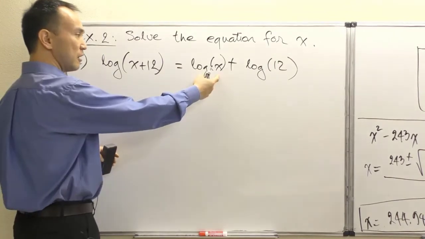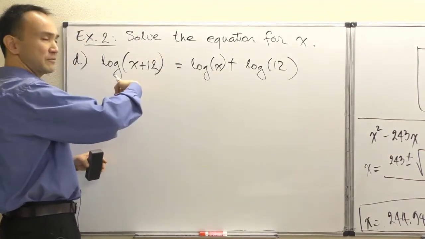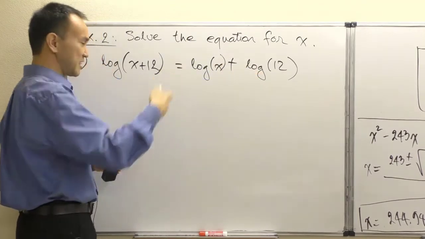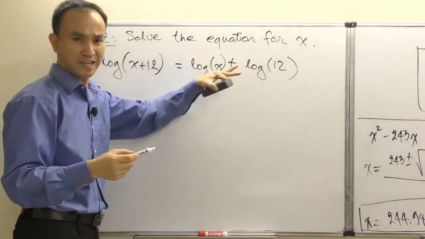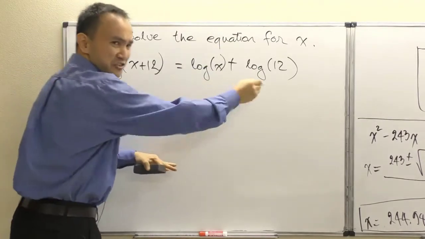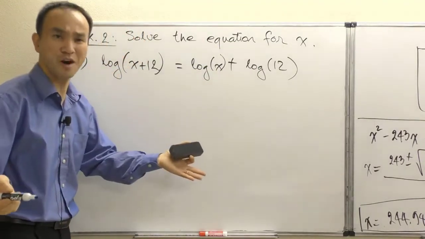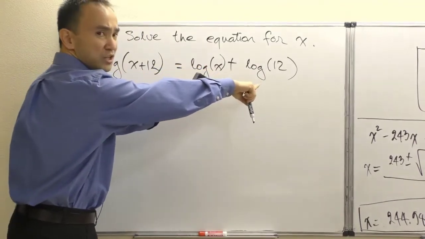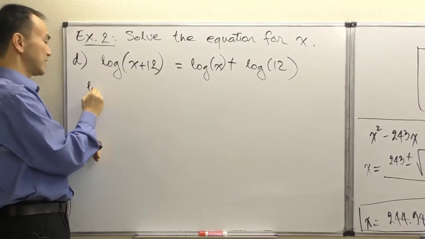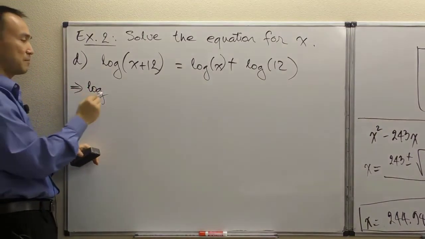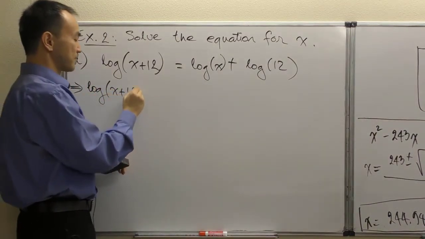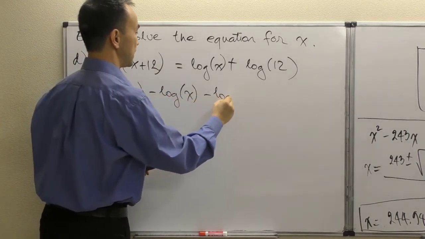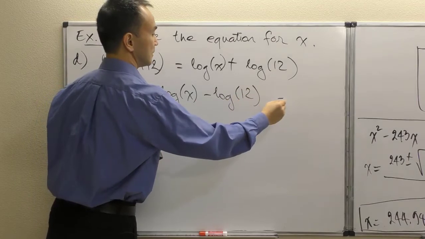I'm going to subtract log base 10 of x to the left-hand side, and subtract log base 10 of 12 to the left-hand side, and allow me to skip that elementary step of writing the subtraction underneath, since I feel it's a little too much at this point. So after rearranging by subtracting those 2 terms to the left-hand side, I produce my next equation as follows: log base 10 of x plus 12 minus log base 10 of x minus log base 10 of 12 equals 0.